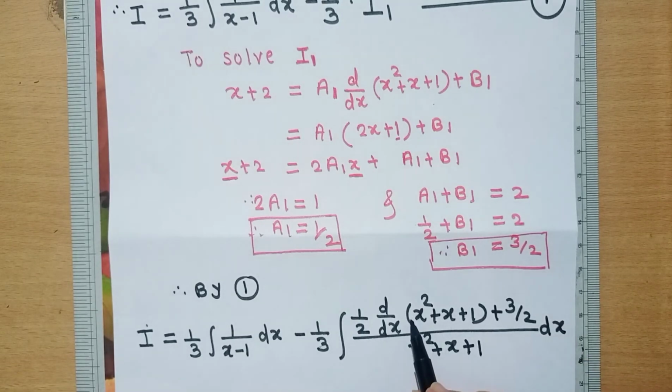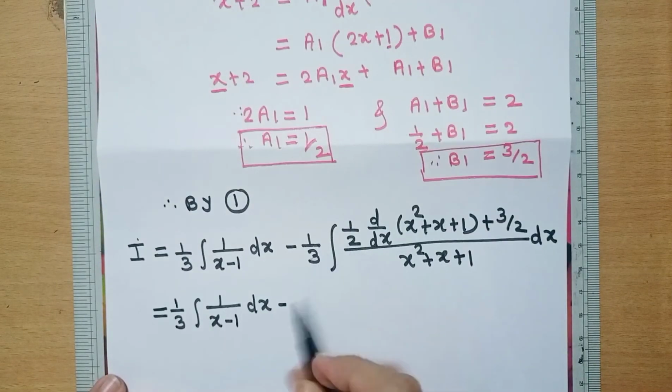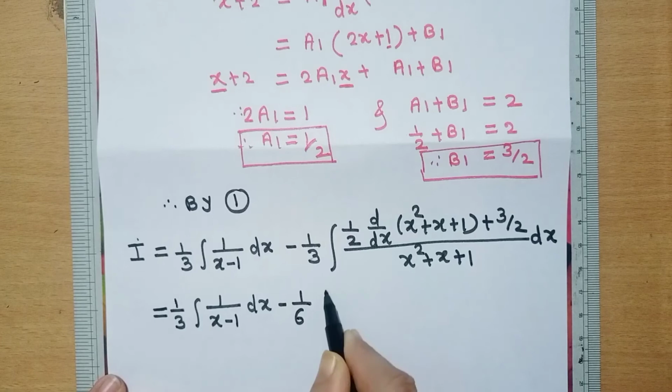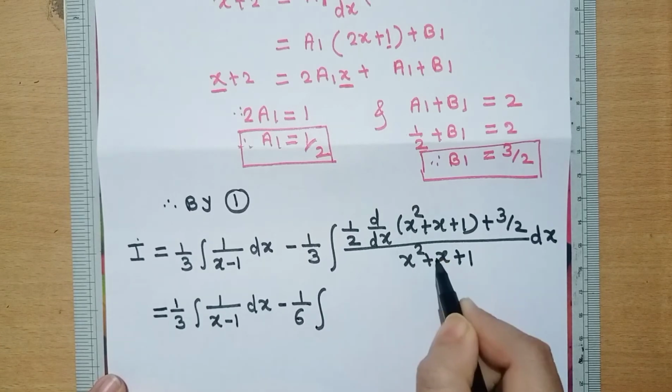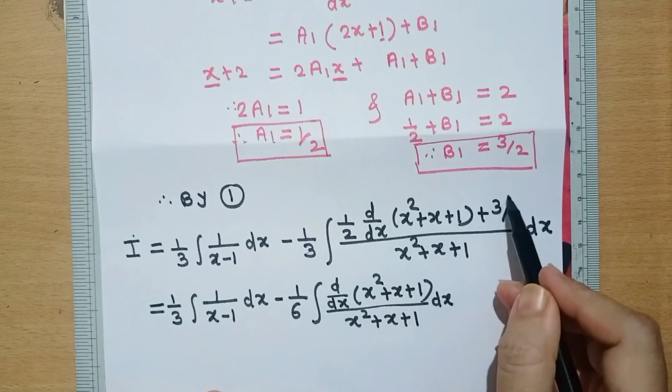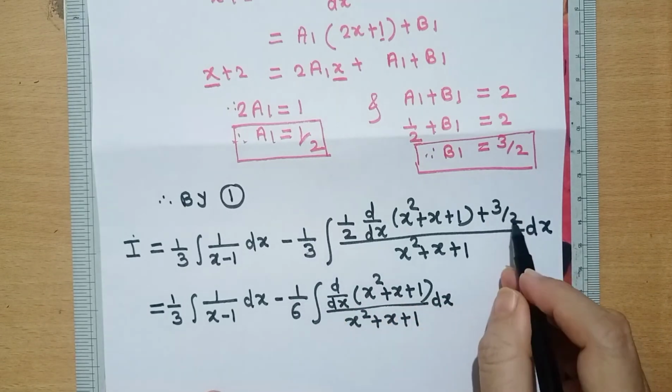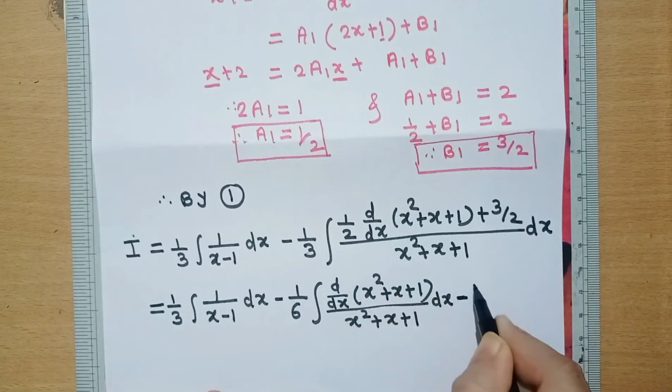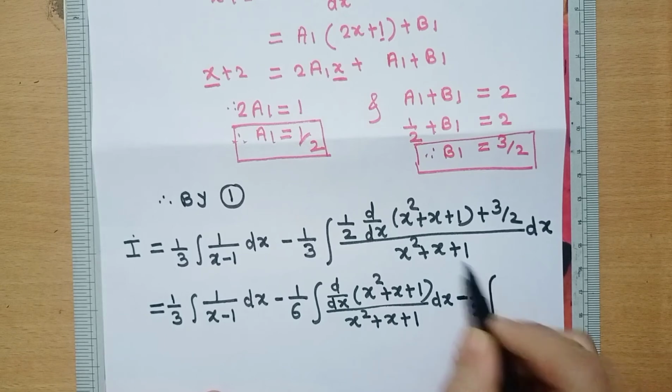Now again we will write this denominator separately for these two terms. Now look here, 1 upon 3 into 3 upon 2, so these threes get cancelled, and simply we will write minus 1 upon 2 and this denominator.